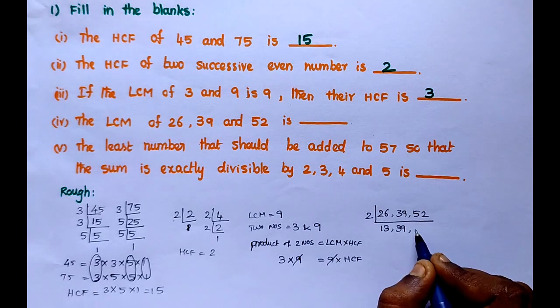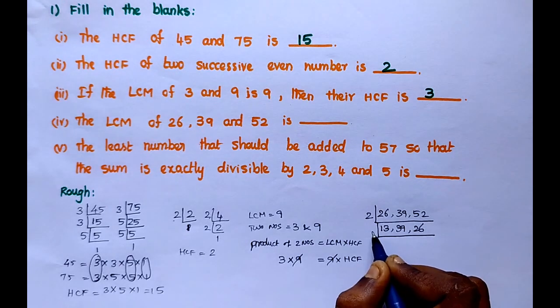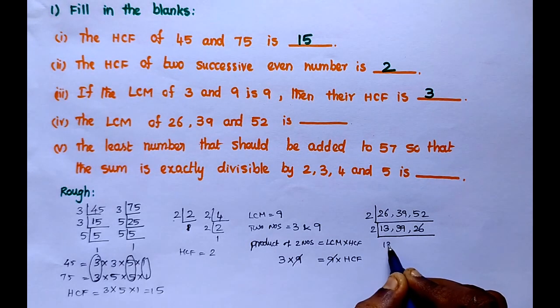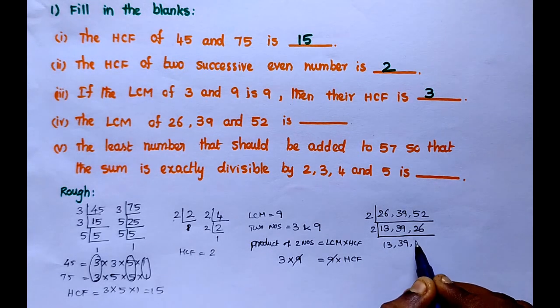And 52, how many times? 26 2s are 52. Again divisible by 2, 13 is not divisible, so write down as it is. 39 also, and 26 is 13 times.